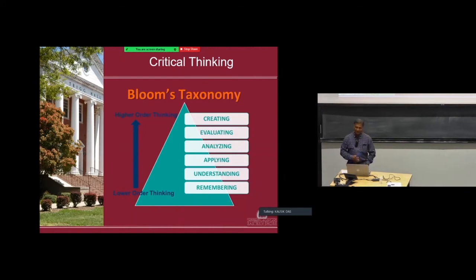If we talk about the philosophy and taxonomy of learning, it always starts here. It starts from remembering facts, and then you understand, then you apply that understanding, then you analyze, and then you evaluate based on your understanding and analysis, and then you create something new. The title of the talk was about innovation, right?